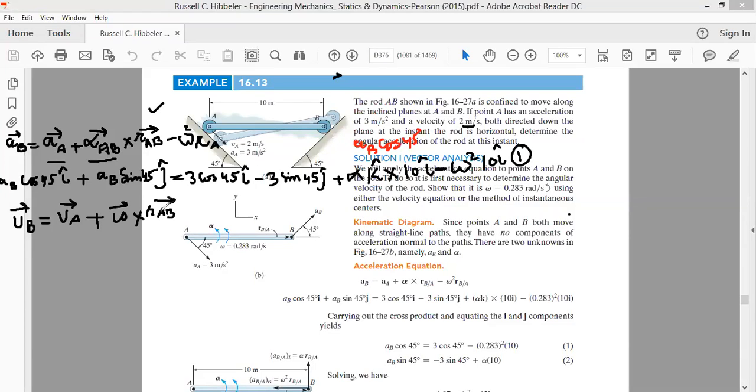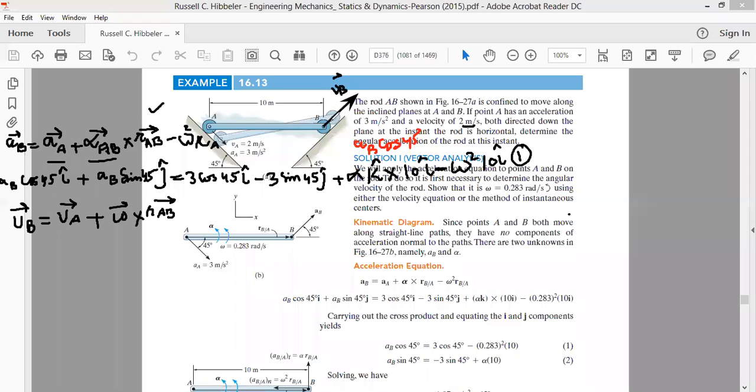Now, the velocity of point B: initially it is here, after some instant of time it's here, after some instant it's here. So the velocity has to be parallel to the plane for this roller to roll over this inclined plane. We can directly say that the velocity of B will be directed along this direction.